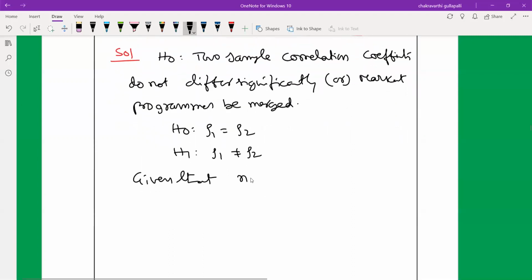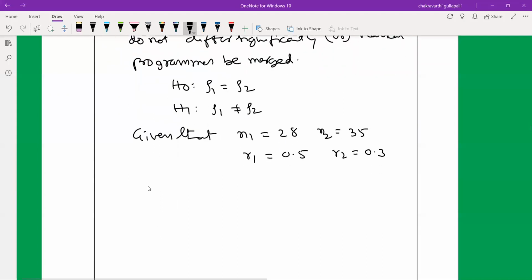Given that N1 is 28 samples in one region, N2 is 35 in the second region. The sample correlation coefficients are computed: region 1 is 0.5, region 2 is 0.30.